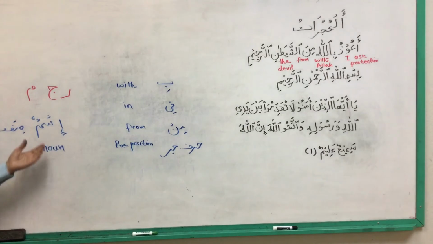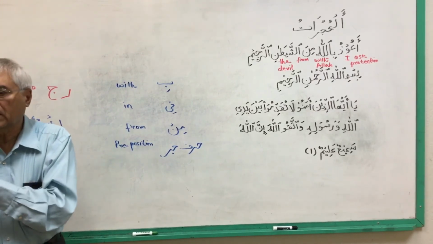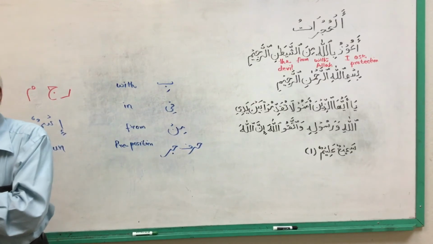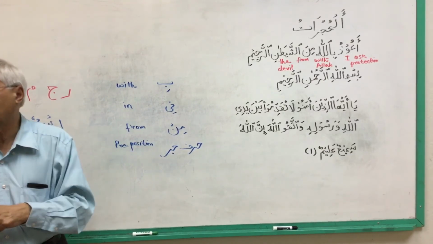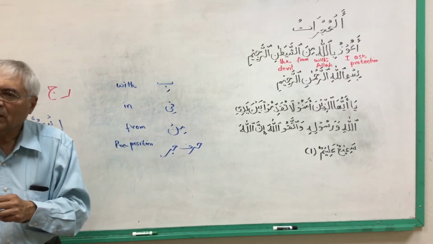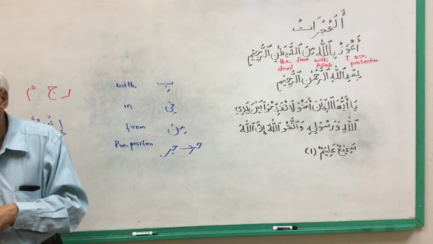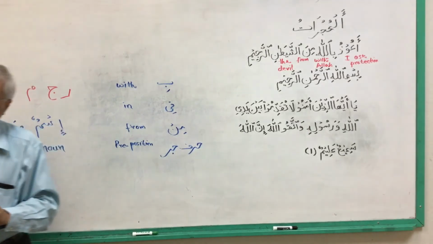If the name is masculine, the quality will be masculine. If it is feminine, it will be feminine. If it is singular, its sifat will be singular. If it's plural, then sifat will be plural. So just remember that in English, when you give some quality to someone, you just put two words together. But in Arabic, you have to first figure out if this name is masculine or feminine, singular or plural, and then you have to find the right word for that.